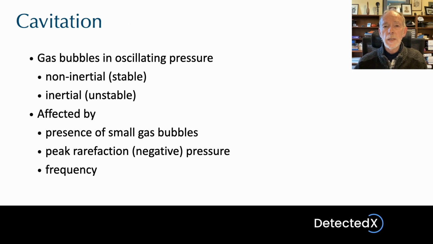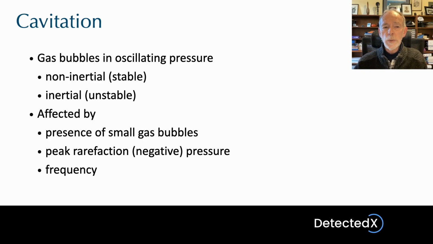Now let's talk about cavitation. Cavitation refers to the behavior of gas bubbles in an oscillating pressure field. So it's obviously relevant to the interaction of ultrasound and gas bubbles. So the gas bubbles oscillate in size. They actually grow in size because additional gas is incorporated into them when they expand.